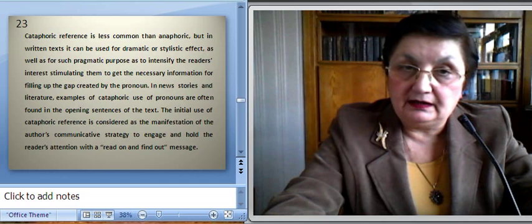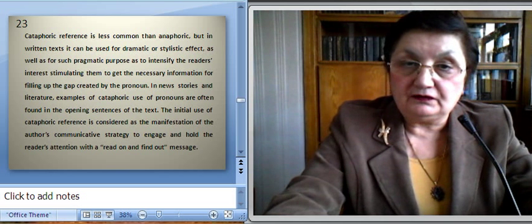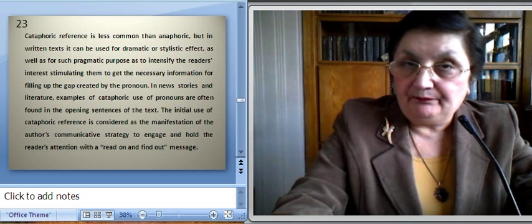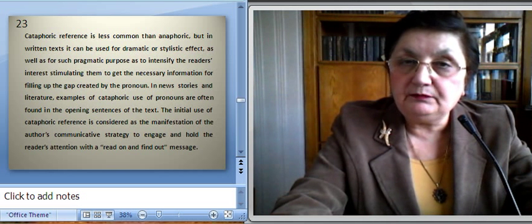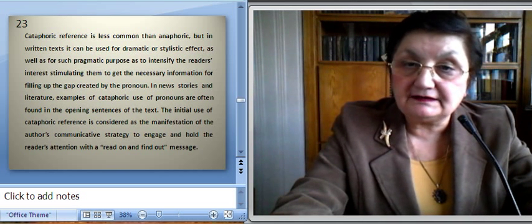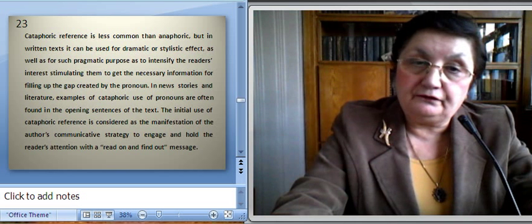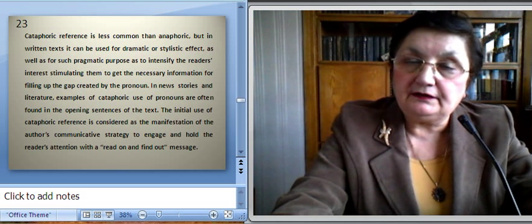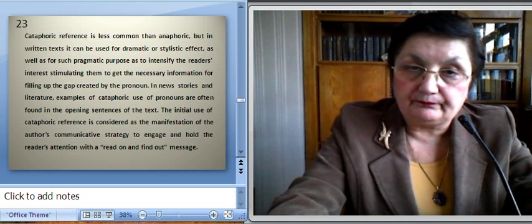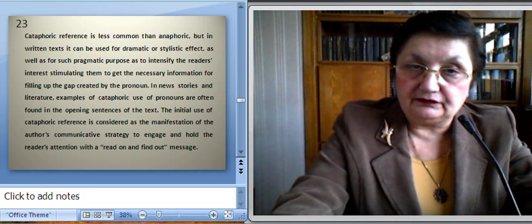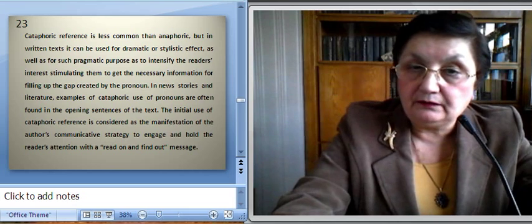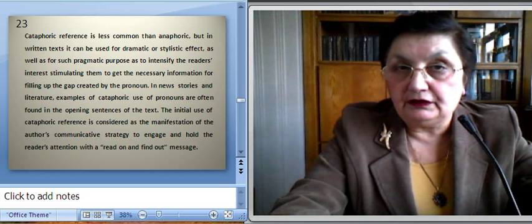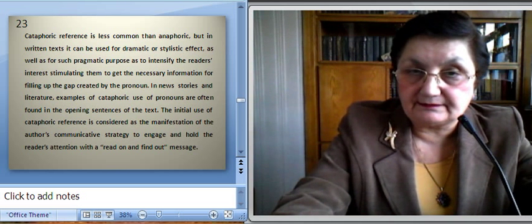In news stories and literature, examples of cataphoric use of pronouns are often found in the opening lines. The initial use of cataphoric reference is considered the manifestation of the author's communicative strategy to engage and hold the reader's attention with a read-on and find-out message.